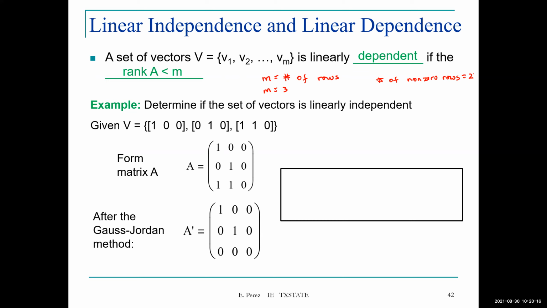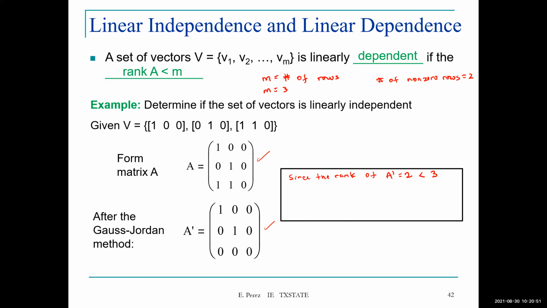So find out if the set of vectors is linearly independent given this matrix, which is the same one that we just solved. Based on the solution, we know that the rank of matrix A prime equals 2 because the number of non-zero rows equals 2. So the rank of A prime equals 2. And we know that this is less than 3, which is the number of rows of the original matrix.